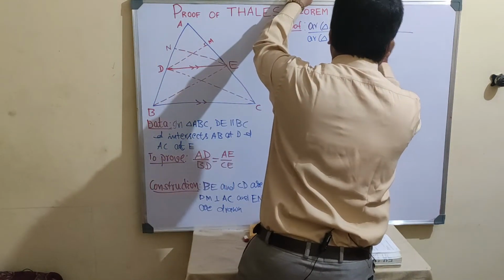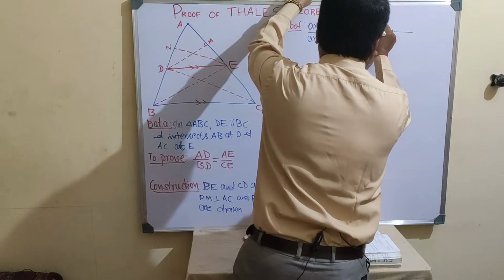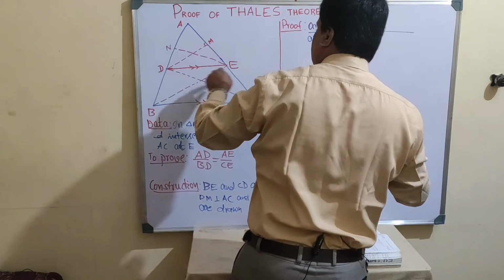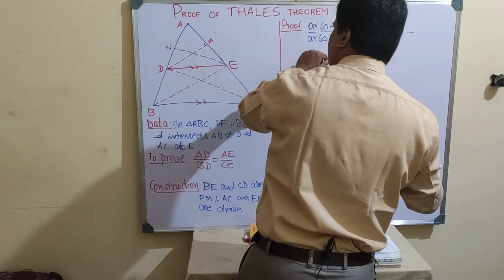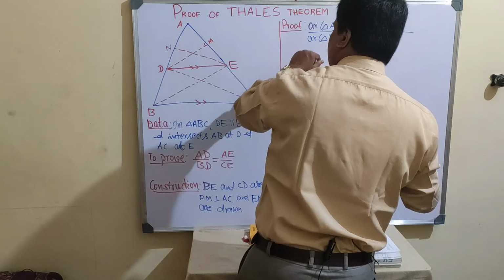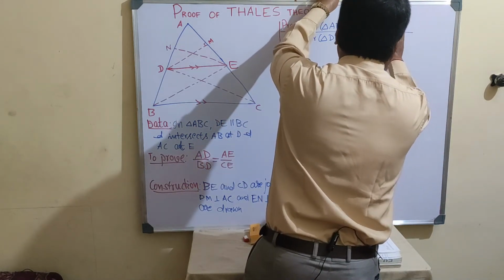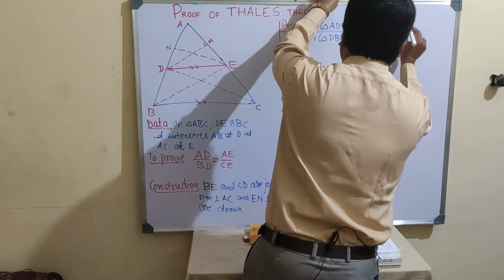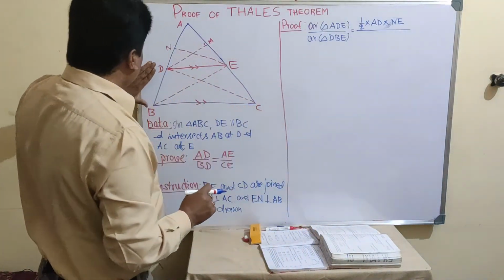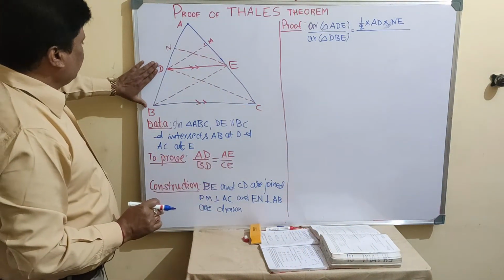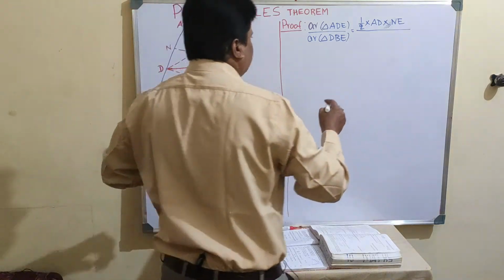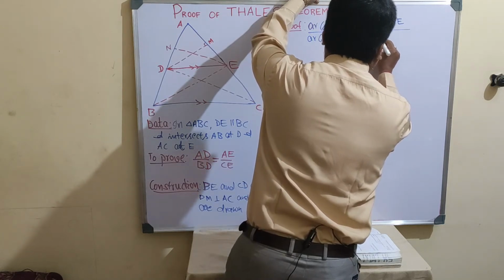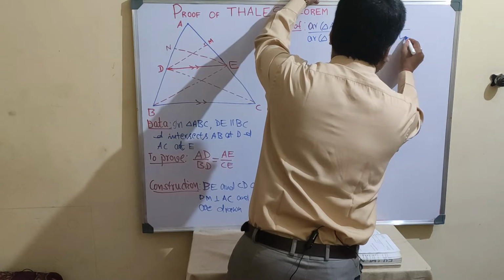That is half into AD into height NE. Then for triangle DBE, the base is DB and the height is NE, that is half into BD into NE.